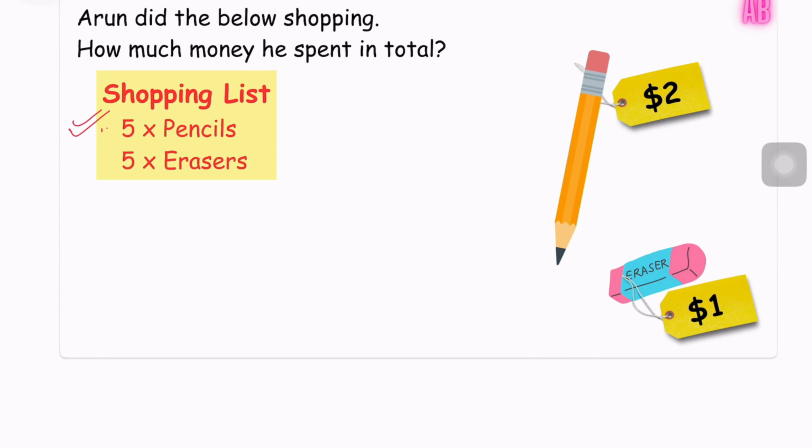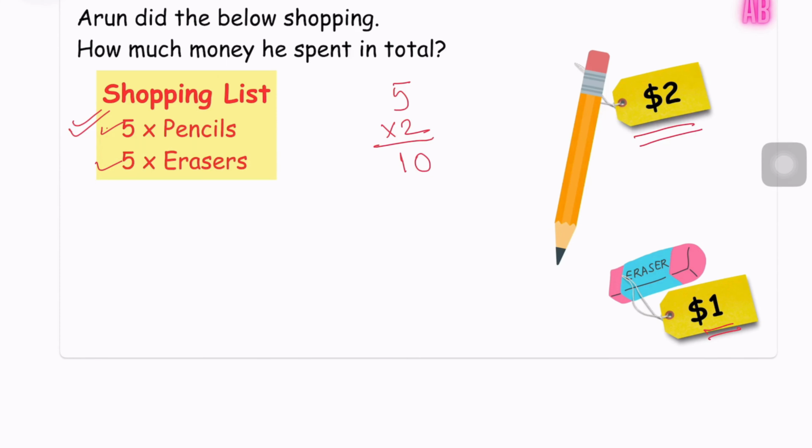So he has purchased 5 pencils and 5 erasers. This question involves addition and multiplication. So let's try to solve this question together. The price of one pencil is how much? $2, right? The price of 5 pencils will be 5 times 2, $10, right? And what is the price of erasers?